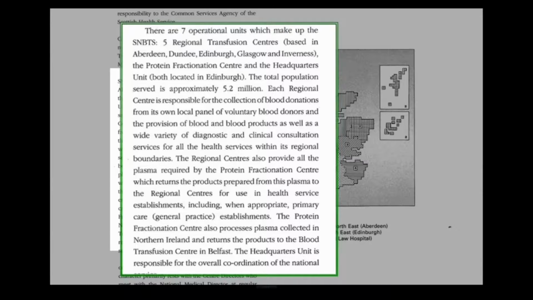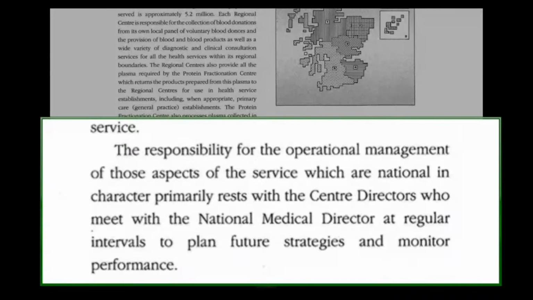And then if we look at the bottom paragraph, we see responsibility for the operational management of those aspects of the service which are national in character primarily rests with the centre directors, who meet with the National Medical Director, so that's Professor Cash, at regular intervals to plan future strategies and monitor performance.